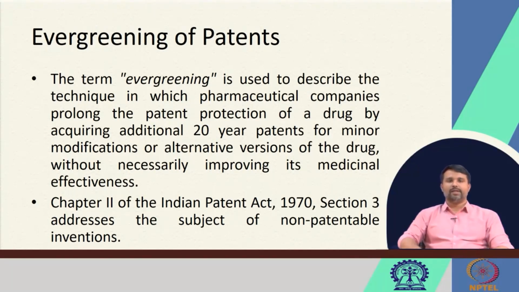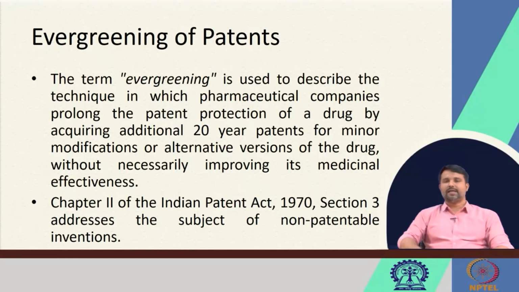But pharmaceutical companies followed a practice where after the expiry or before the expiry of the patent of a pharmaceutical drug, they would apply for a new patent for some minor modifications or alternative versions of the patented drug.